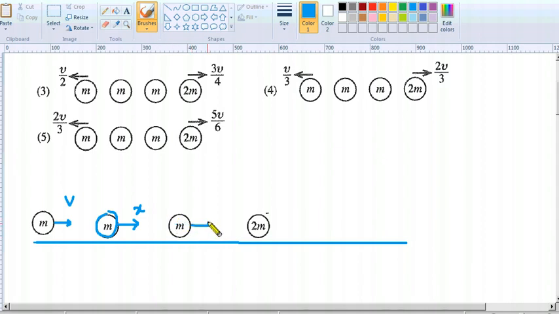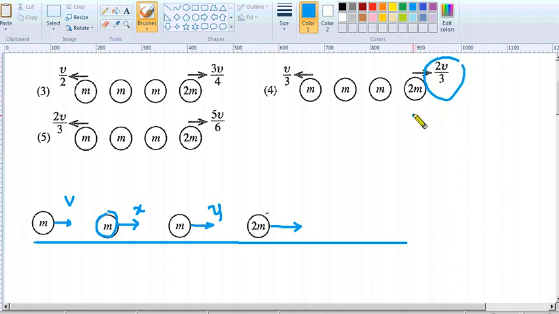Then this third ball moves with a velocity, we don't know, say y, and then it again collides with this ball whose mass is twice. Then definitely this ball must eject to this side, to the right, with a certain velocity, we don't know. That is what we have to find out.